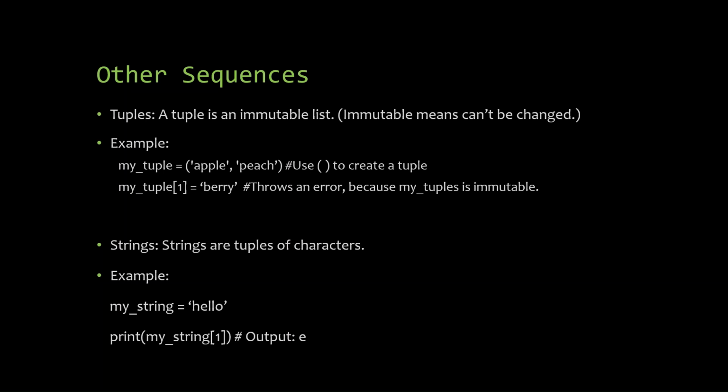We're going to use parentheses instead of the square brackets. Now, when you're accessing it by index, you will use your square bracket in order to specify what the index is that you're looking at. So you can see that here with my tuple, index 1 is Barry. So I'm trying to reassign that. This will actually throw an error message because the tuple can't be changed.